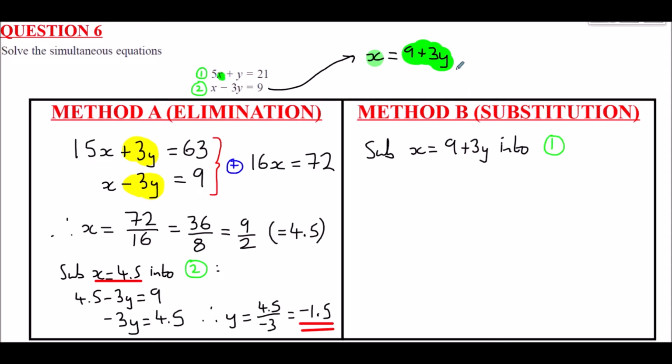I just picked x because I spotted that if I just add 3y to both sides, it's quite an easy thing to make the subject. So now, equation 1. 5x becomes 5 lots of 9 plus 3y, plus y equals 21.